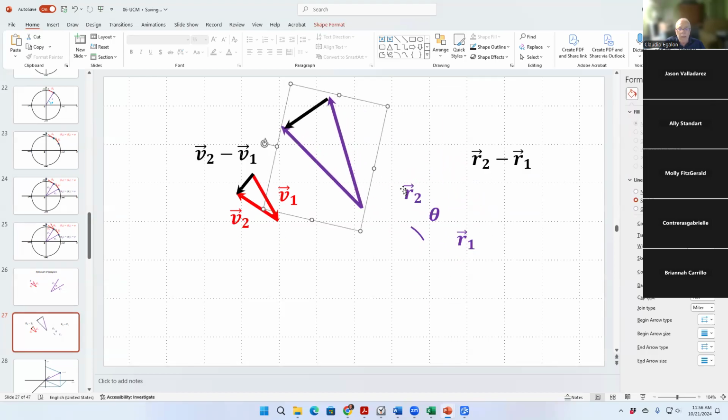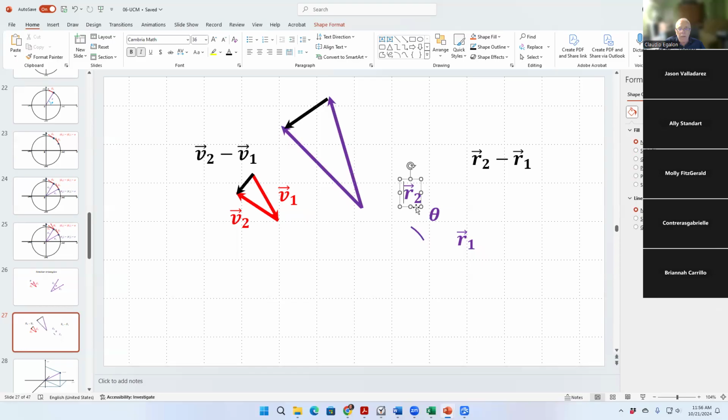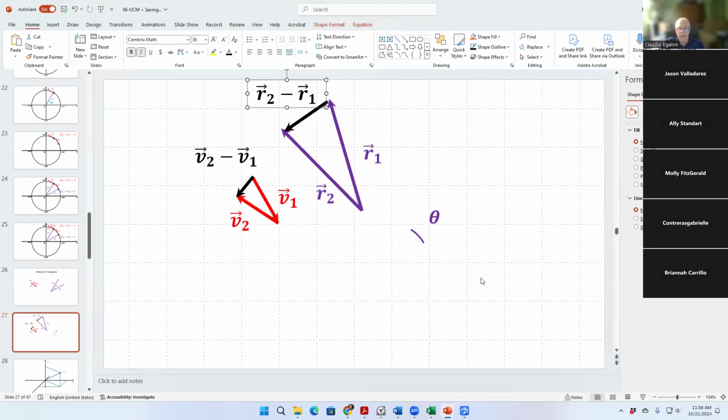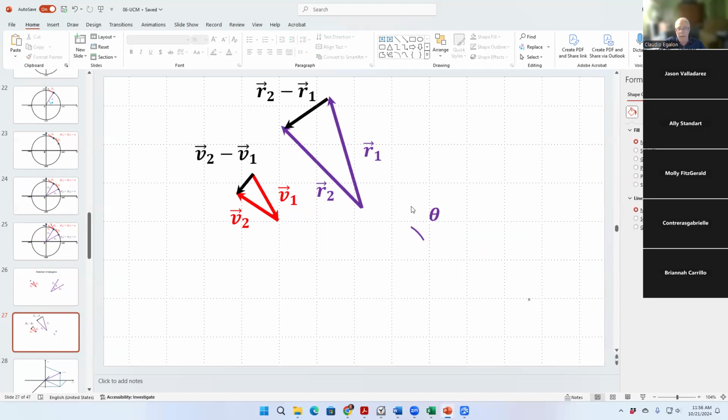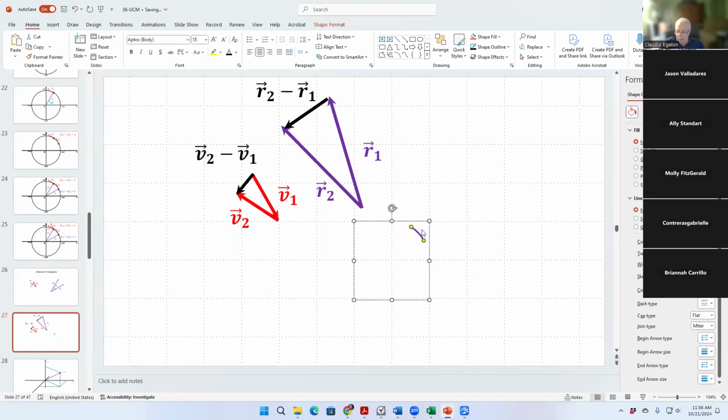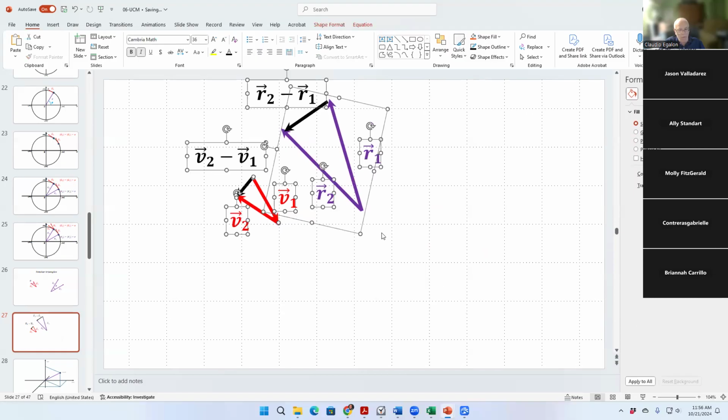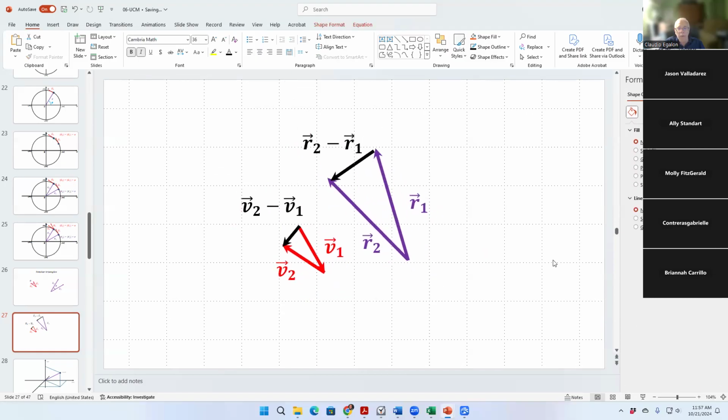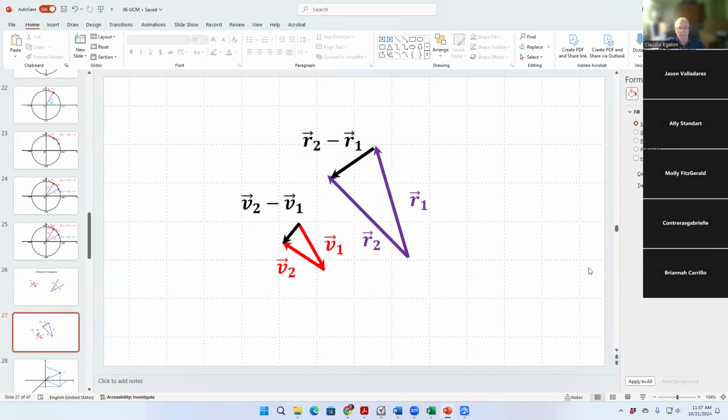Here you go. This is R2, this is R1, this is R2 minus R1. I will select them all and drag them to the middle. They are all similar triangles.